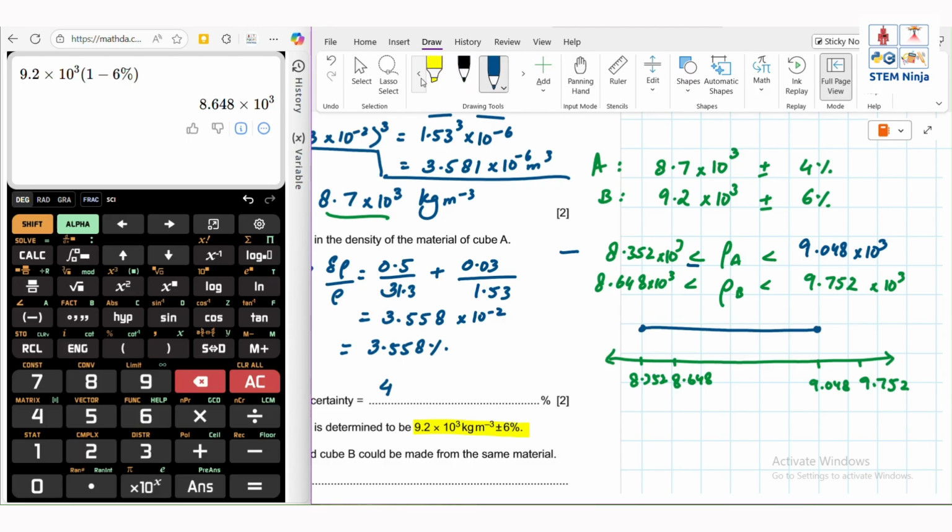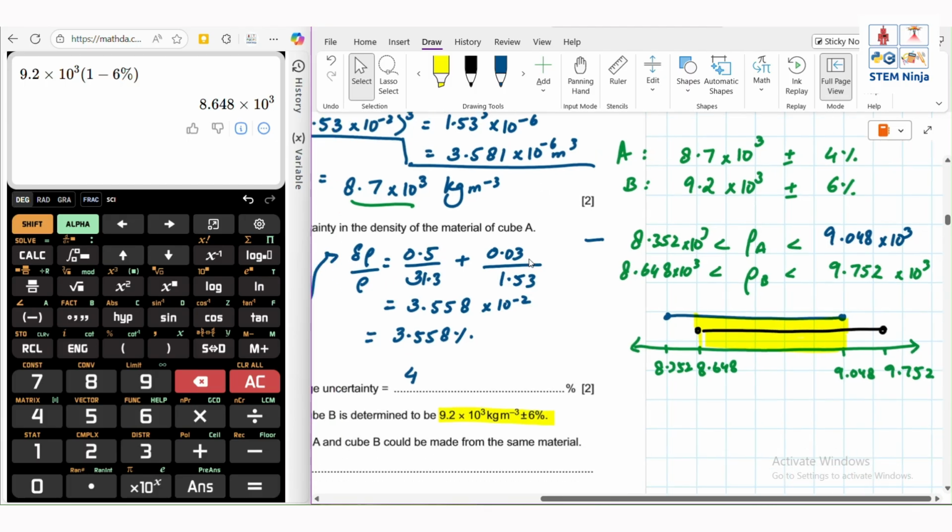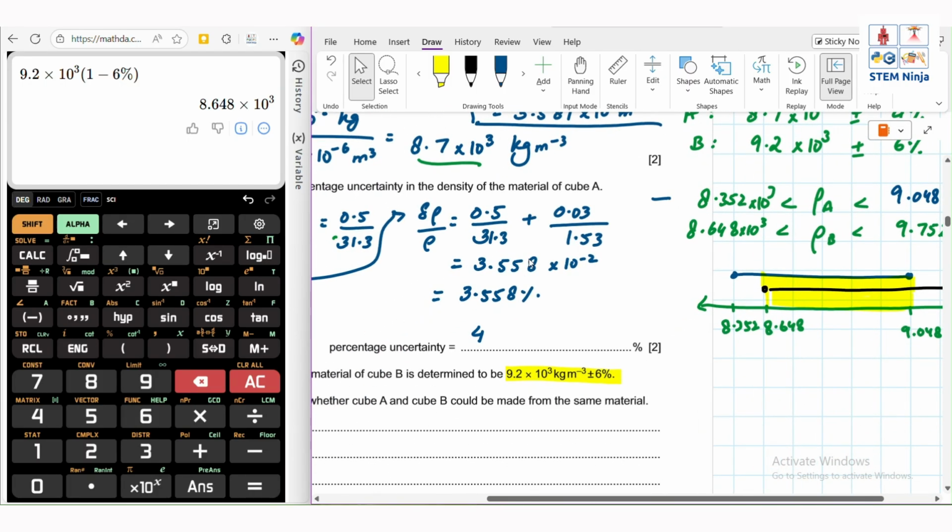Oh, sorry, no. It doesn't matter the exact sign, we just need the general idea of this. And this one goes from this value. So there is definitely some overlap in this region. So this means that they could be made from the same material. So there is a major overlap in the values.